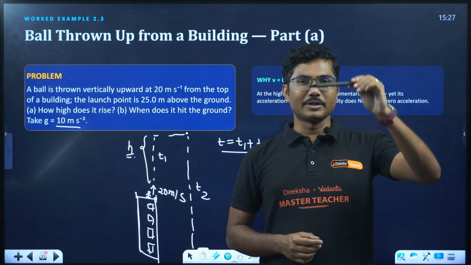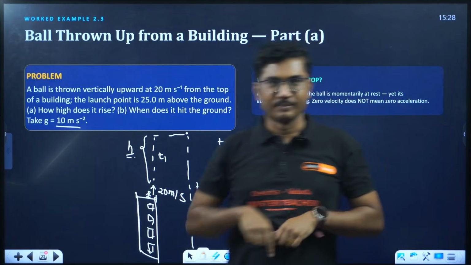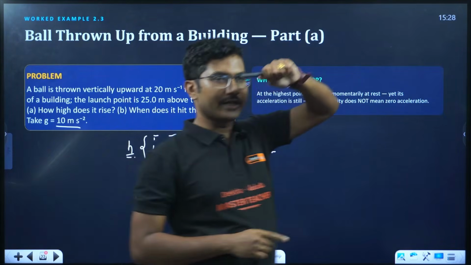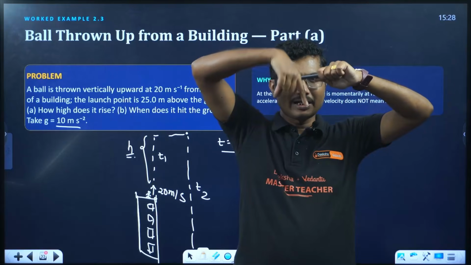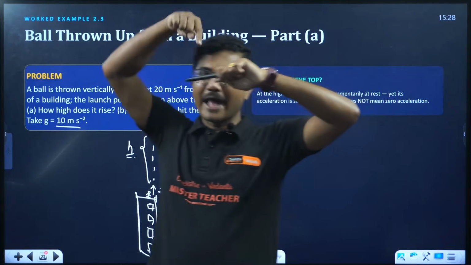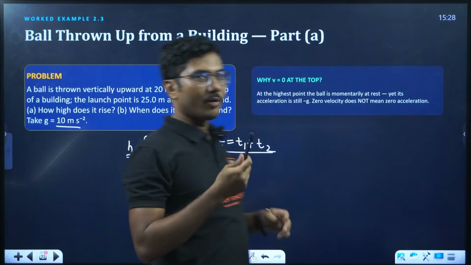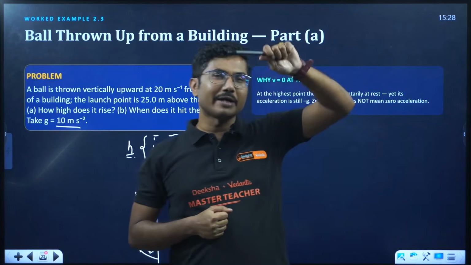Because when I am throwing it upward, the gravitational acceleration is trying to pull it down. The velocity is trying to take the object in the upward direction, but the gravitational acceleration is trying to take it in the downward direction. That's why, when I throw the object upward, it stops at the top.